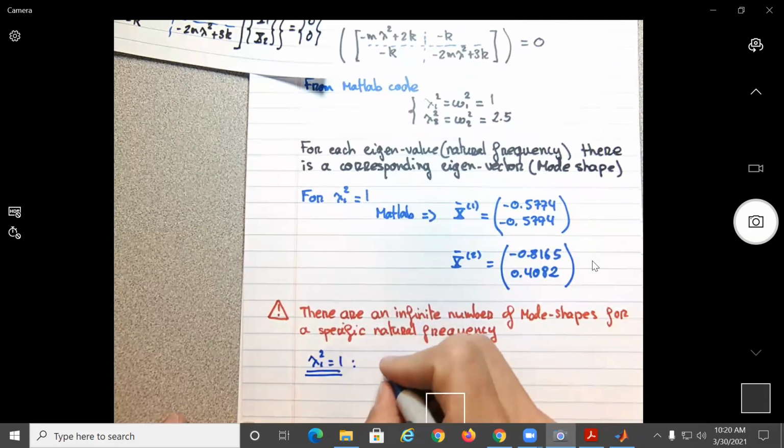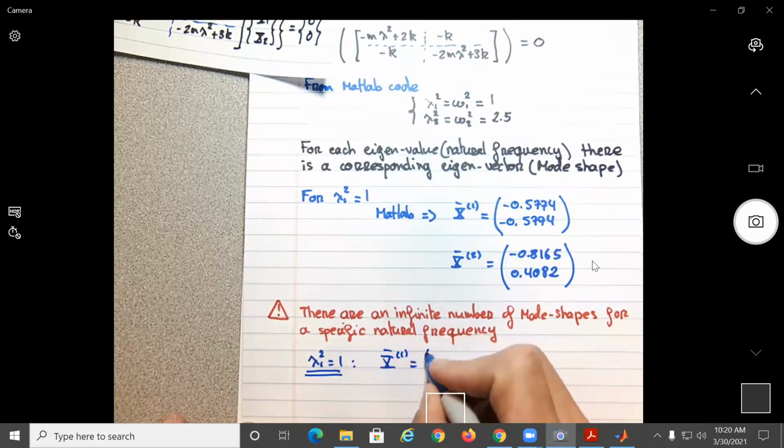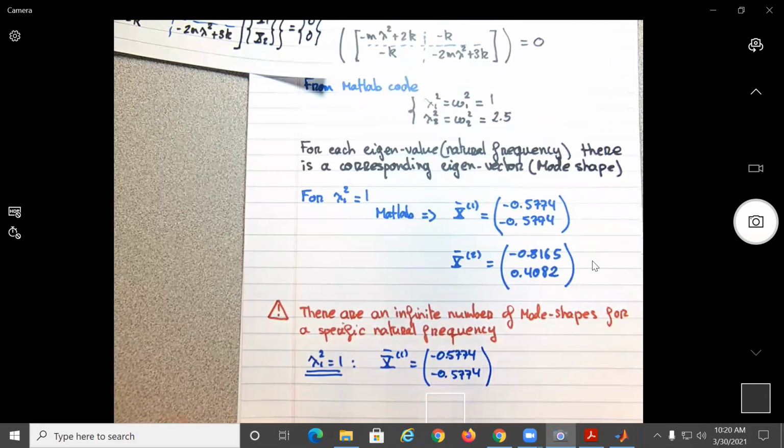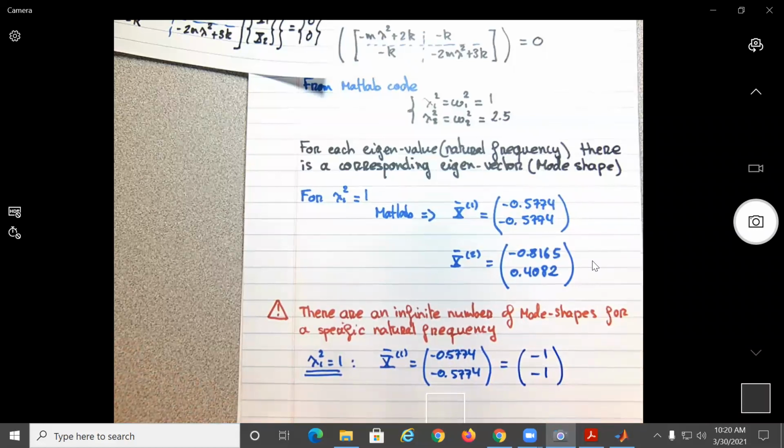We have x1 here from the MATLAB code equal to negative 0.5774, negative 0.5774. Now, what happens if I divide both of these by 0.5774? You will get minus 1, minus 1.